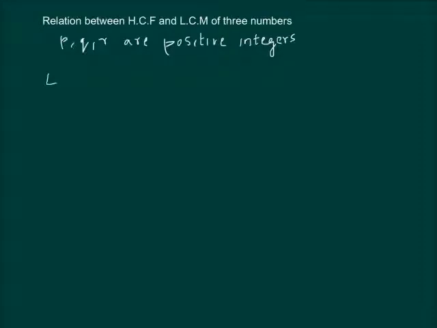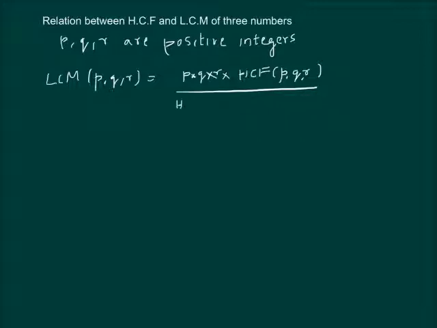Then LCM of P, Q and R is equal to P into Q into R into HCF of P, Q, R whole divided by HCF of P, Q multiplied by HCF of Q and R multiplied by HCF of P and R.